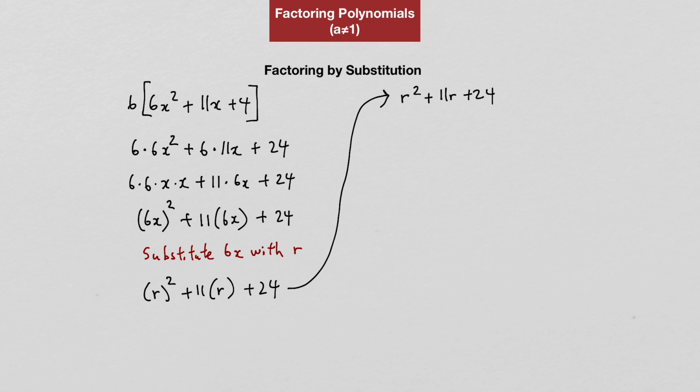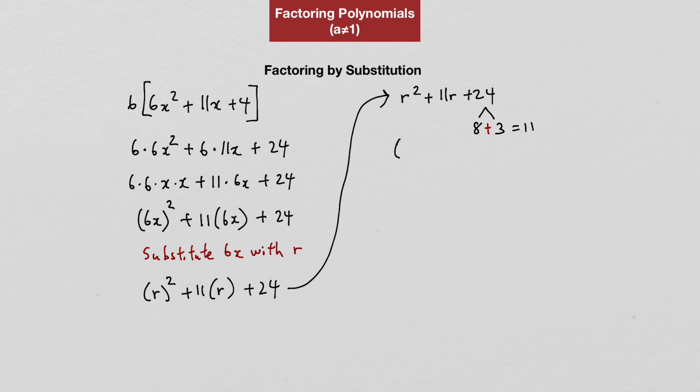Okay, now we have to figure out if this new polynomial is factorable. And to determine that, we're going to go ahead and find factors of 24. Okay, so we know that factors of 24 include 8 and 3. 8 times 3 is 24. 8 plus 3 is also equal to 11, which is what we're looking for.